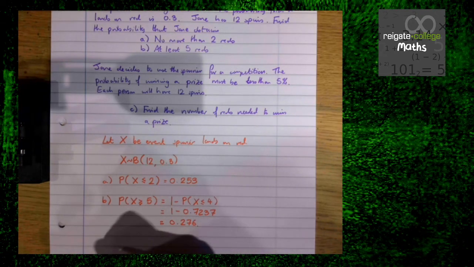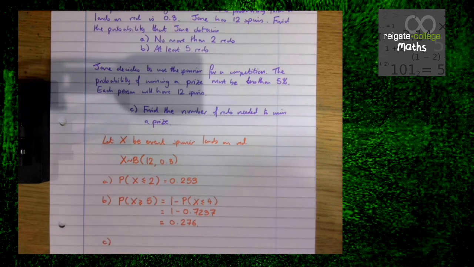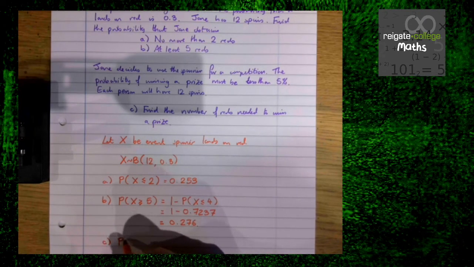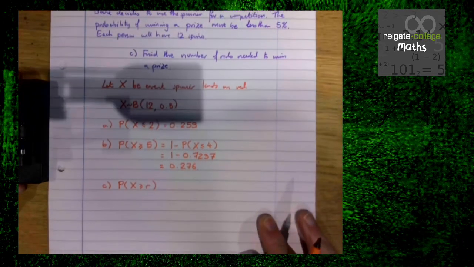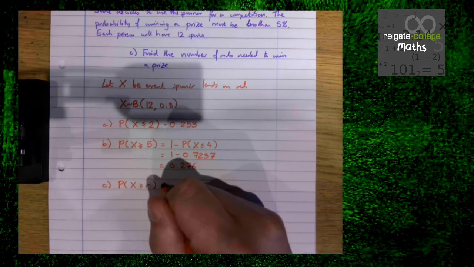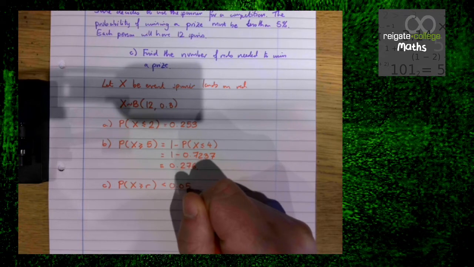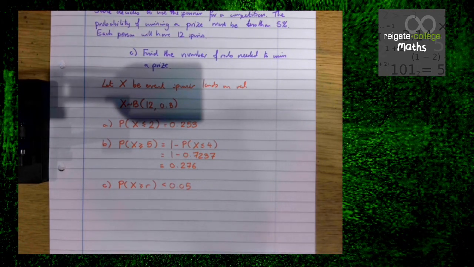Now for part C. The way we can approach this is we can think, okay, we want someone who gets some number of reds or more to be less than 5%. So this value of r needs to be less than 0.05.